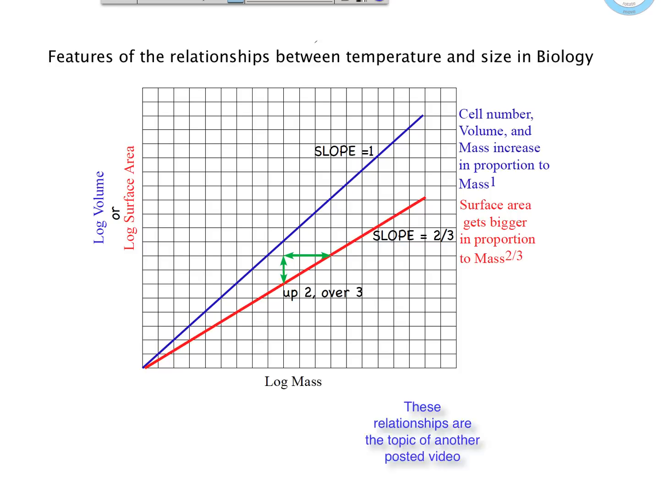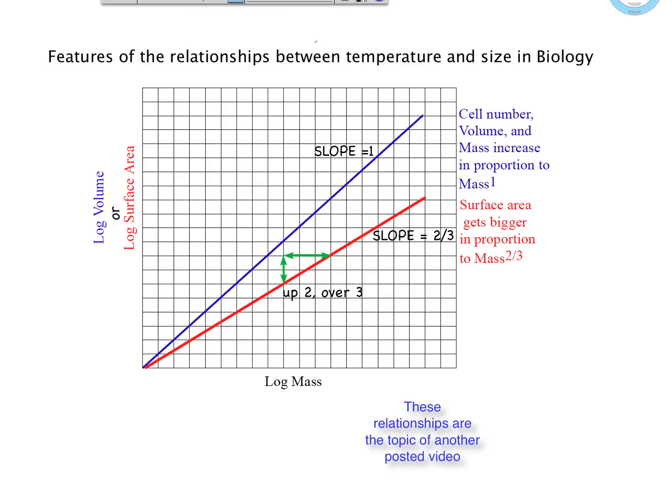Volume too, because animals are all of the same density, is going to go up 1-to-1 with an increase in mass. This is a log-log scale. Notice too that as that slope is 1, even though surface area gets bigger as animals become heavier, the slope of that relationship isn't as steep.